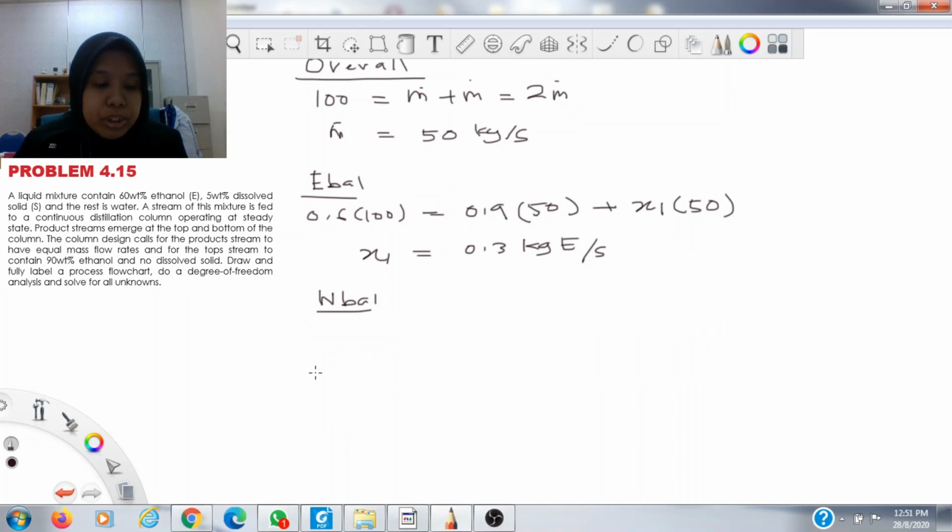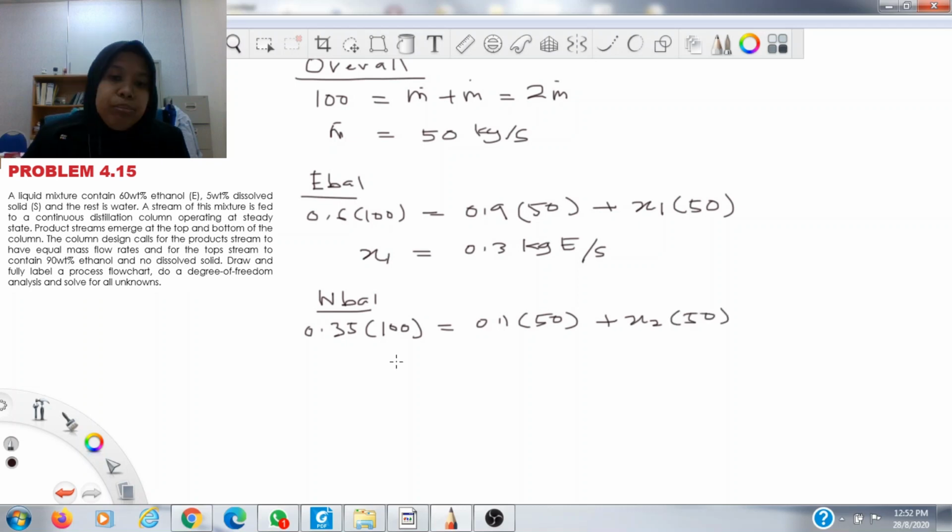The inlet for water is 0.35, the mass fraction, times 100, the mass flow rate for the inlet, and the top product is 0.1 times 50, plus we're going to determine X2 times 50, and then you will get X2 equal to 0.6 kg of water per second.